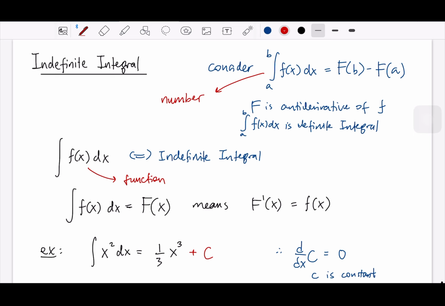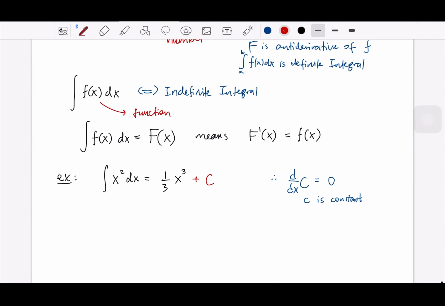But of course, these two, the definite integral and the indefinite integral, we can connect those two.